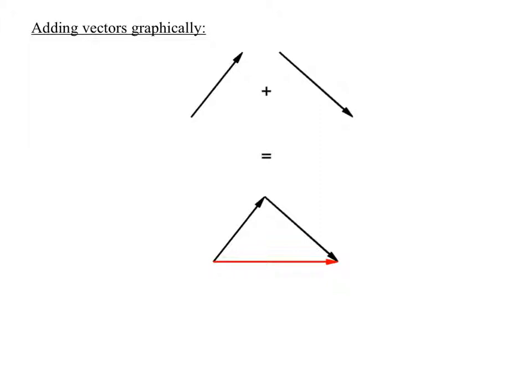So in adding vectors graphically, first of all, we have to think about the fact that we're adding two vectors together. So those vectors have to have the same units. So this might be 5 centimeters right here, and this vector might be, let's say, 6 centimeters right here. So to add these two things together, we take the tail of the second one and attach it to where the head is of the first vector.